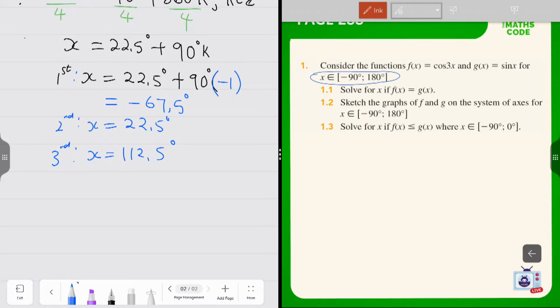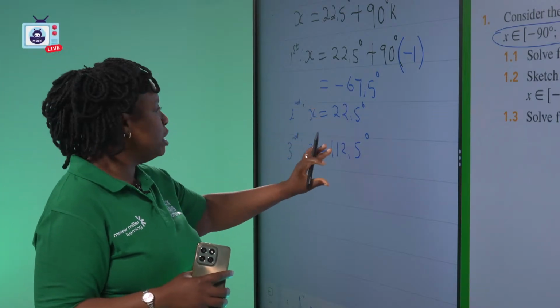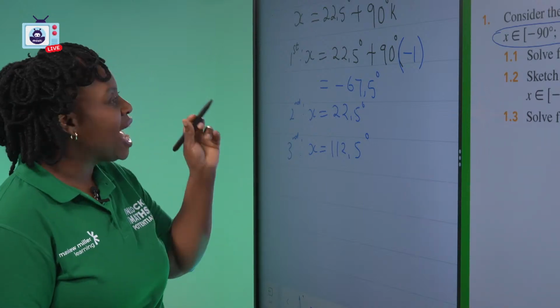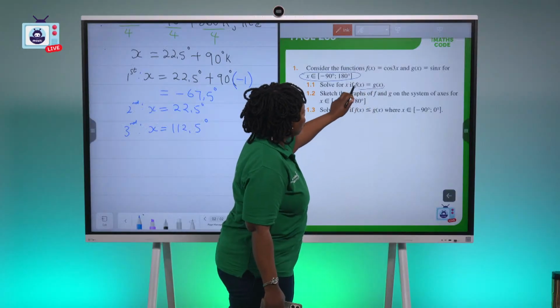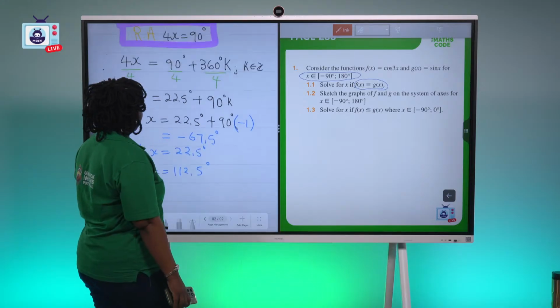I'm going to get 202.5. So 202.5 is actually outside the space where I need my answers to be. So these three are where f of x and g of x intersect. That's how you deal with this kind of question.